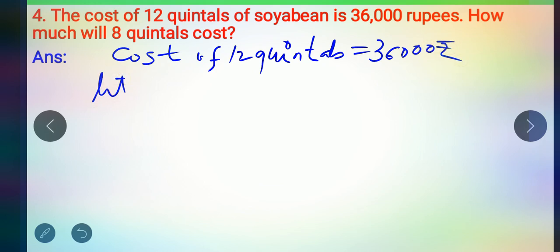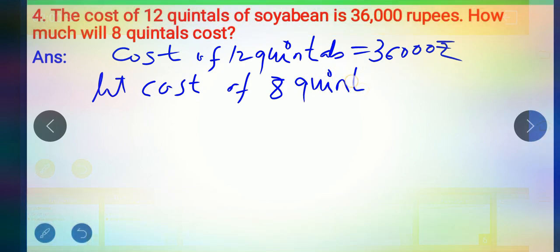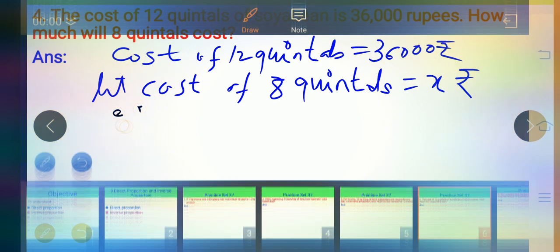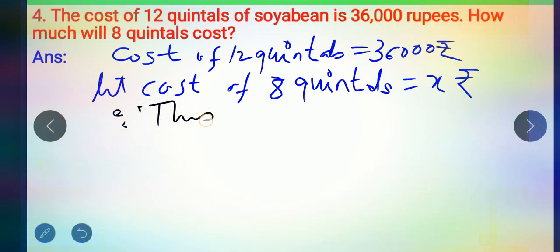Let cost of 8 quintal is equal to x rupees, since this is direct proportion.